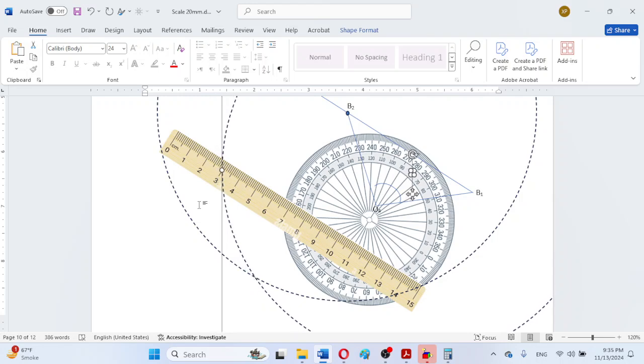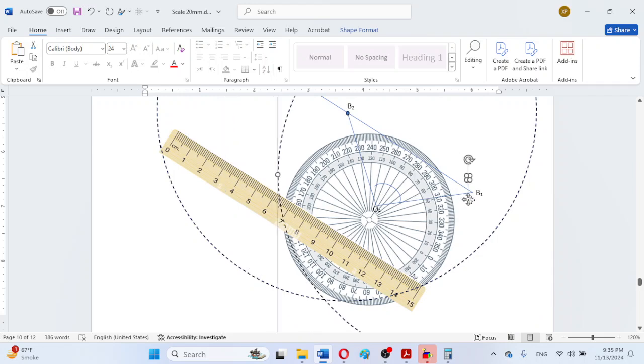Or we can just drag this whole system here at this location very carefully.